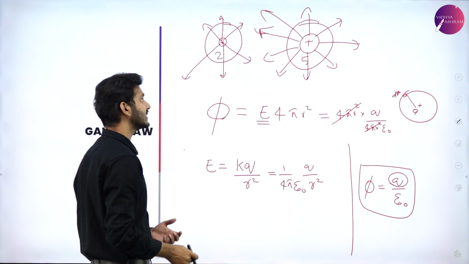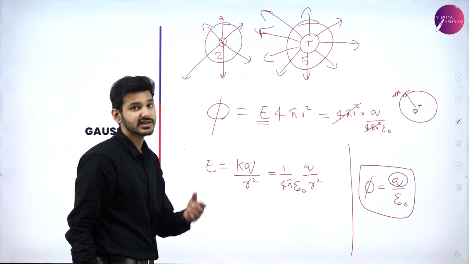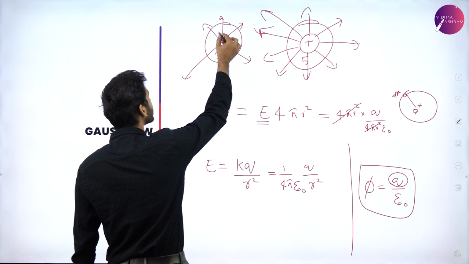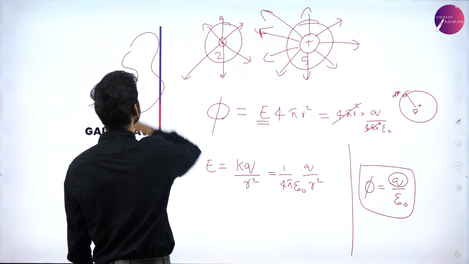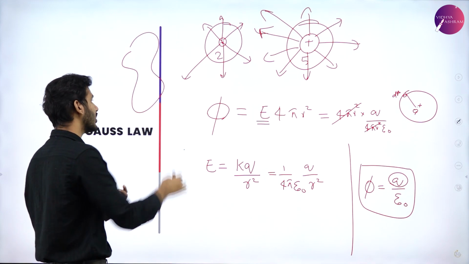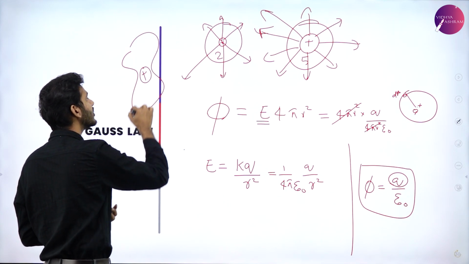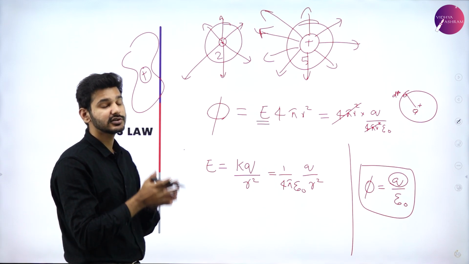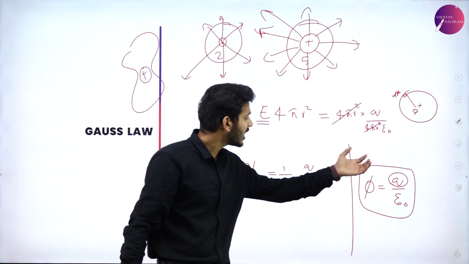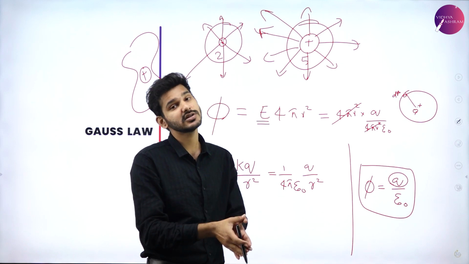It does not matter if I choose a perfectly symmetrical sphere or a crooked structure such as this, because the flux coming out of that particular area will solely depend on the amount of charge, or the magnitude of charge.